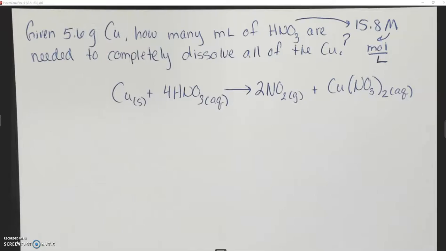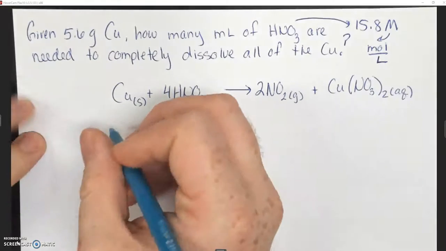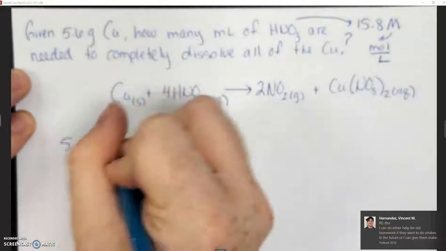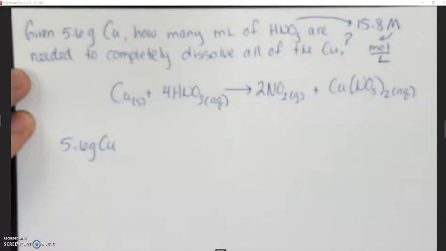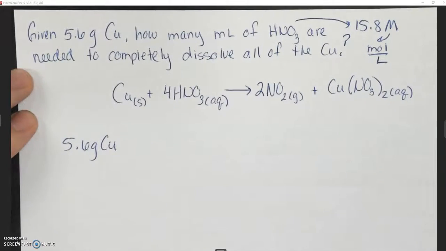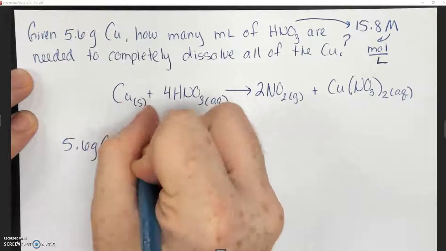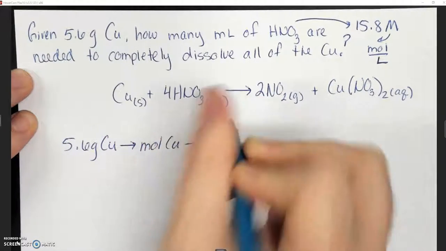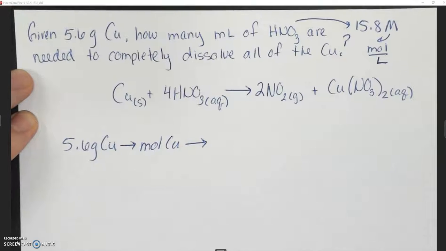So let's write a quick map on how that's going to work. We always start off with 5.6 grams of the Cu, or the grams of our starting substance. You know that you have to go to the moles of that first. And after you're at the moles of that stuff, then you can go over to the moles of the stuff that you're looking for.